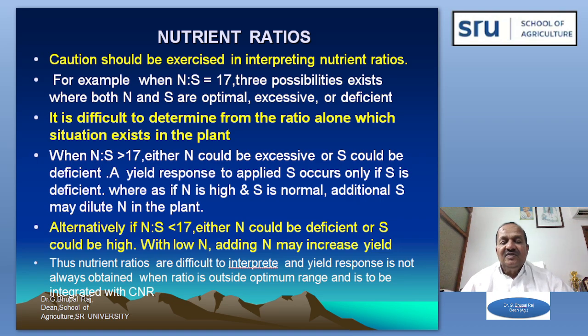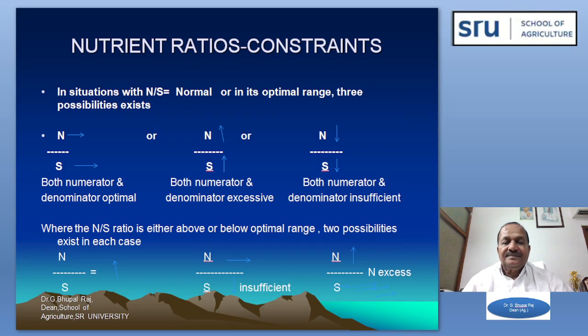Alternately, if the nitrogen to sulfur ratio is less than 17, either nitrogen could be deficient or sulfur could be high. With low nitrogen, addition of nitrogen may increase the yield. Thus nutrient ratios are very difficult to interpret, and yield response is not always obtained when the ratio is outside the optimum range, and it is to be integrated with the critical nutrient concentration.